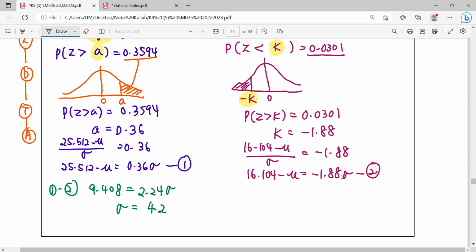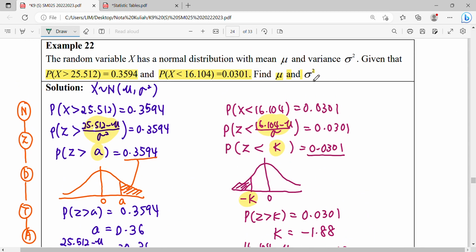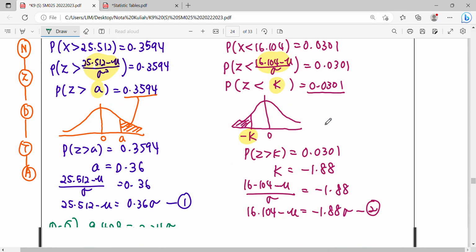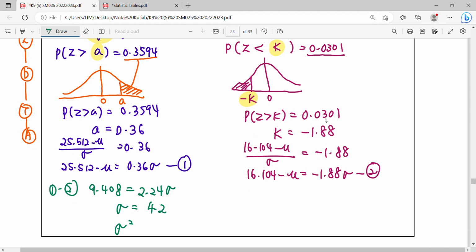4.2. So do you need standard deviation or variance? Variance, right? So to get variance, you need to square your 4.2. Square this 4.2, 17.64. Okay, so we're going to substitute this standard deviation into either one equation to find out what the mean is.